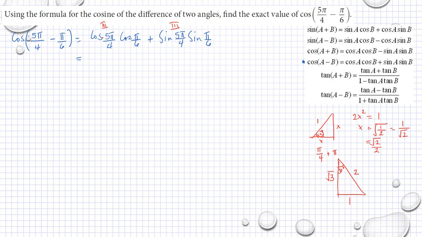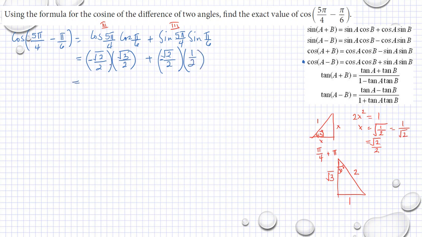On the third quadrant, cosine is negative, so we have negative square root of 2 divided by 2, multiplied by cosine pi over 6, that is square root of 3 divided by 2, plus sine, which on the third quadrant is also negative and the same as cosine, negative square root of 2 divided by 2, multiplied by sine 30 degrees, that's positive, 1 half.